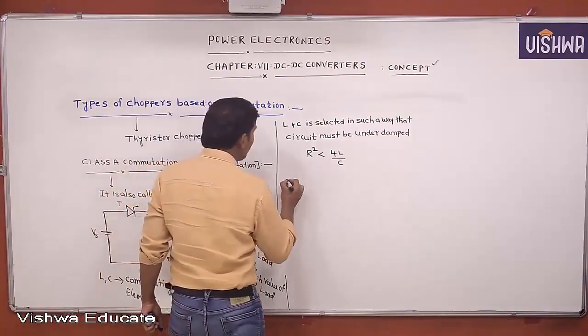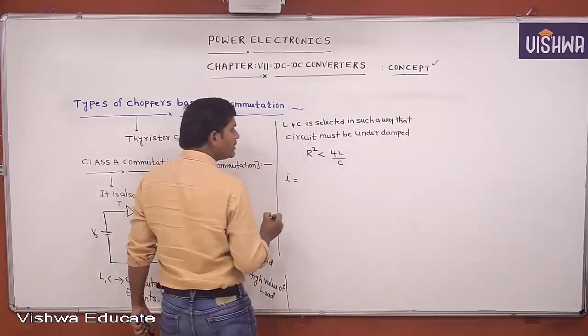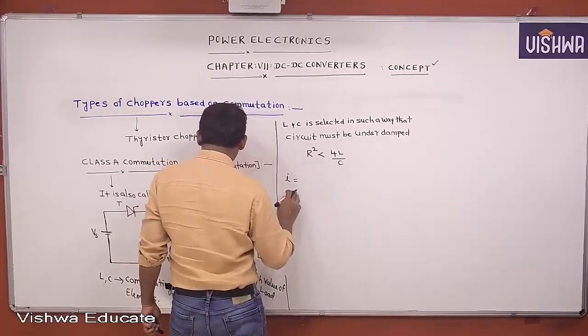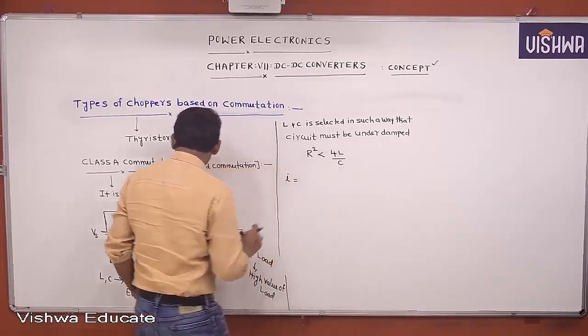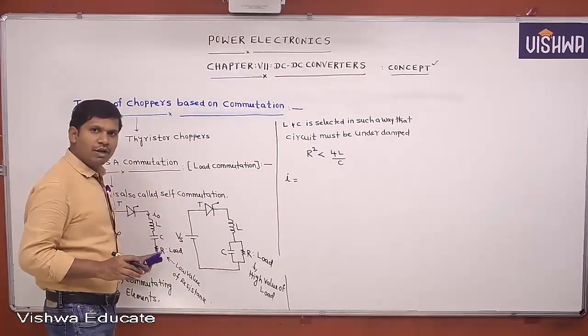Then what is the expression for current in an RLC circuit? Let us assume that there is no initial capacitor voltage.